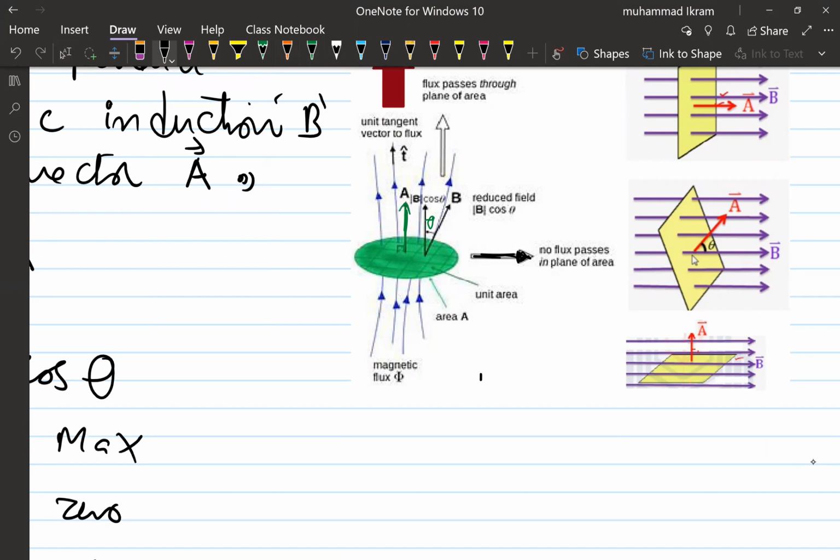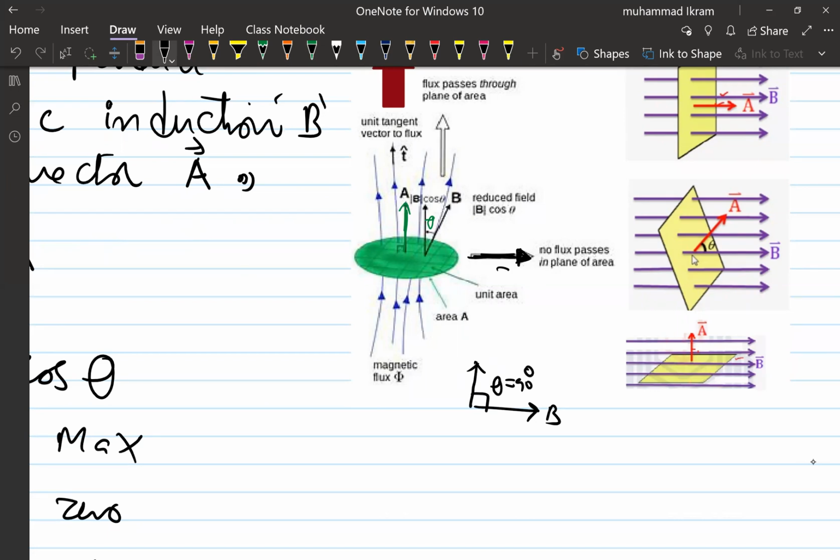Because if this is A and this is B, like this, and your area is still this one, then what is this angle? 90 degrees, and cos of 90 is 0, so you don't observe any magnetic flux in this direction.